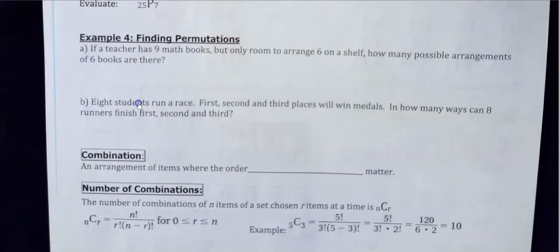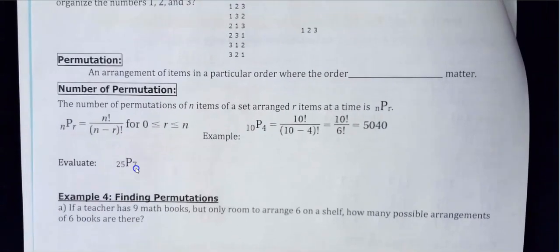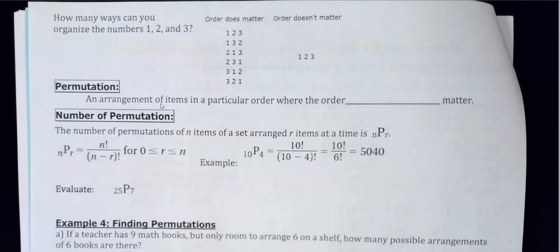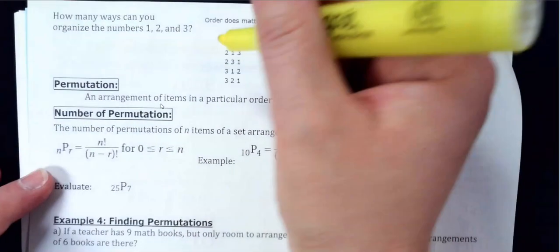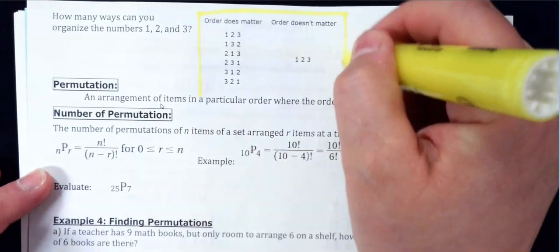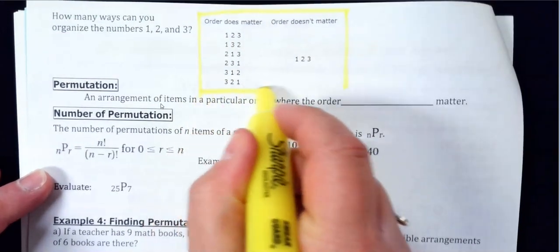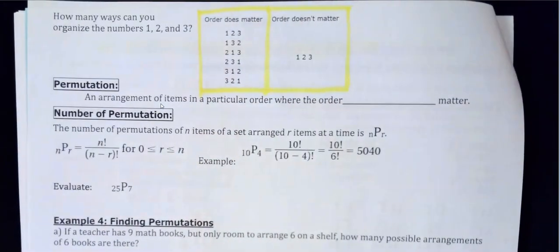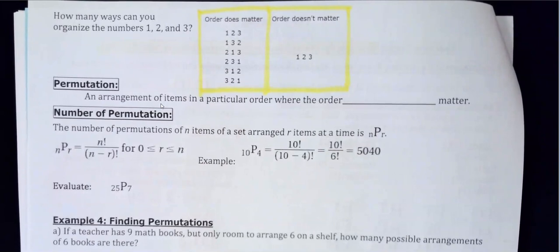Now, on the back, we're going to talk about permutations and combinations. At the top, I have a little tiny example. It says, how many ways can you organize the numbers 1, 2, and 3?